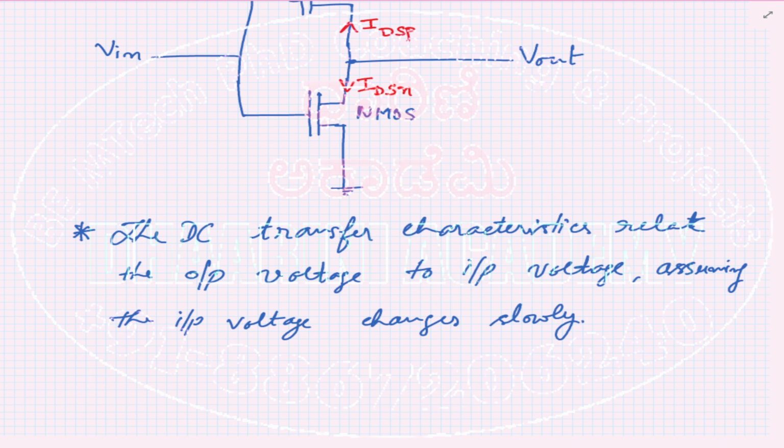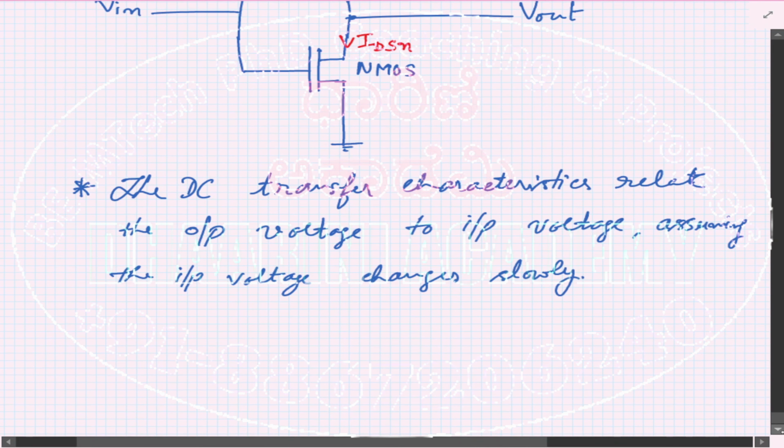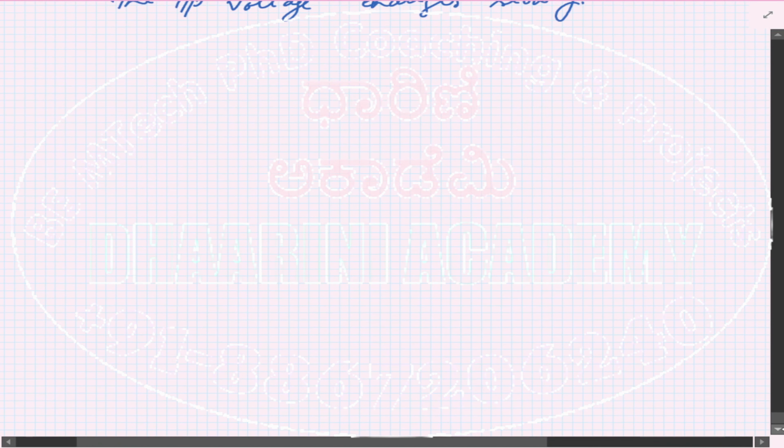Only under this condition is the plot you get considered the DC transfer characteristics. So we understood which circuit we are using and what we are trying to plot. I give input into the above circuit, which is going to vary very slowly, and I'm trying to plot the output V out as a function of V in. This is my ultimate goal, and whatever curve I get is called the DC transfer characteristics.